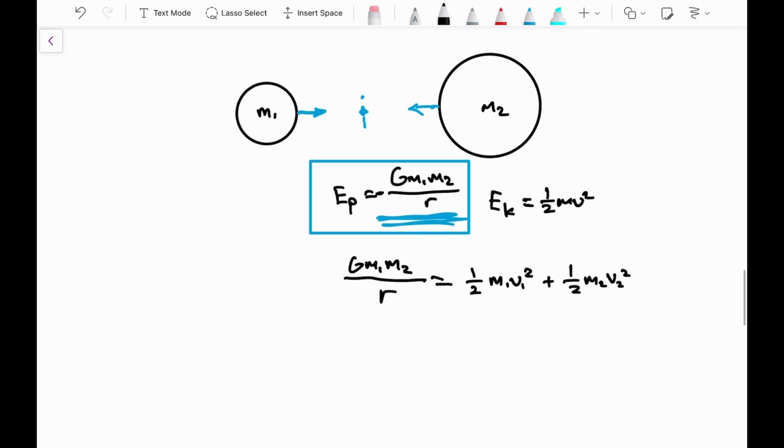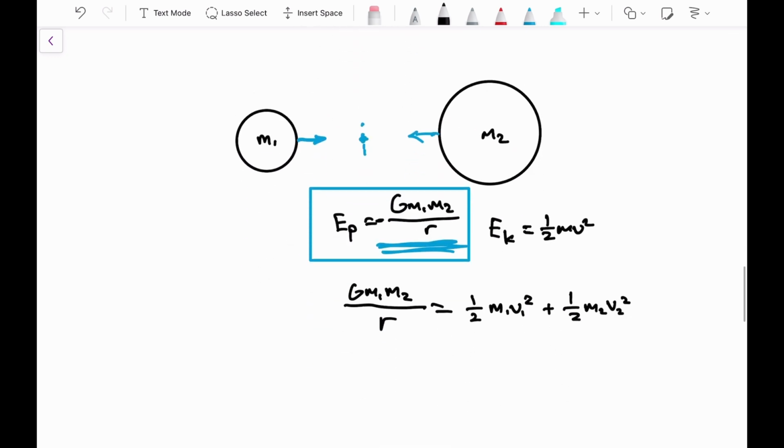And what we need to do right now is, let's see what we can do. We can't actually do anything right now, because it's two variables. And maybe right now we can, oh yes, we can utilize the conservation of momentum. So how do we do this? Let's say m1 v1 is equal to m2 v2.